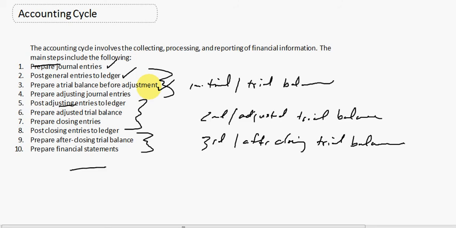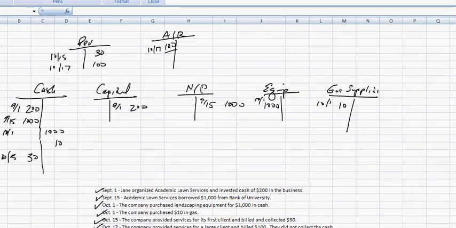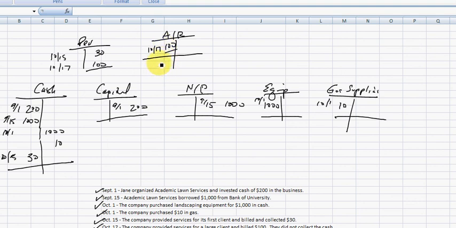All we need to do here is take each of these accounts, and right now AR has what?